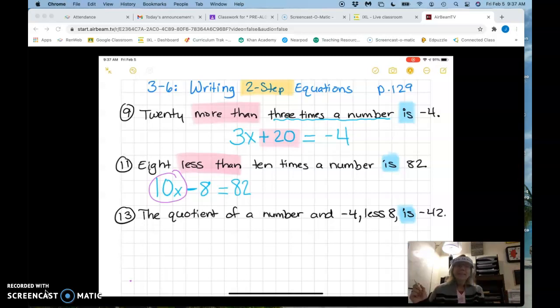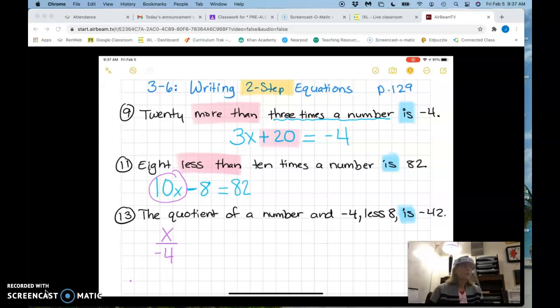The quotient of a number and 4. What is the number? It's x. Thank you. We don't know what the number is, so it's x. So x is going to be my number and negative 4. So this is what I was trying to get you to say. A fraction means divide.